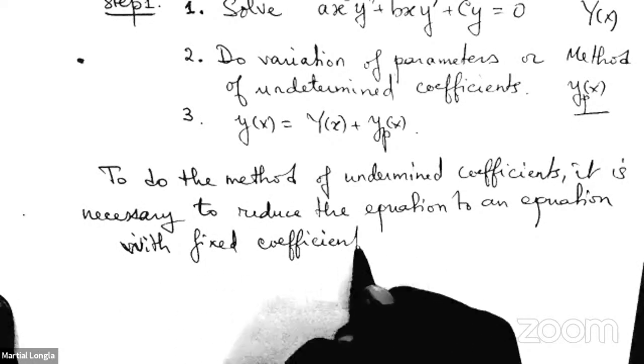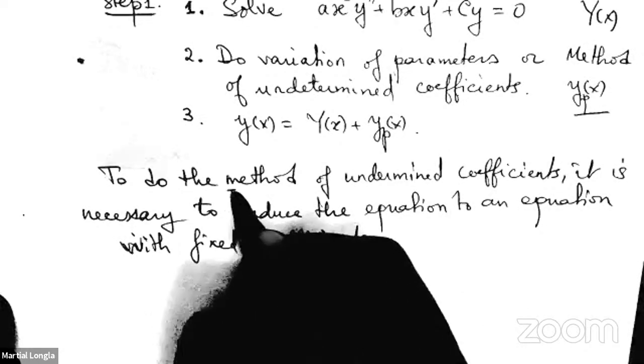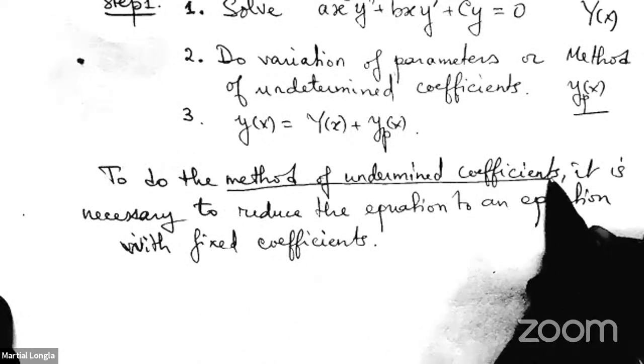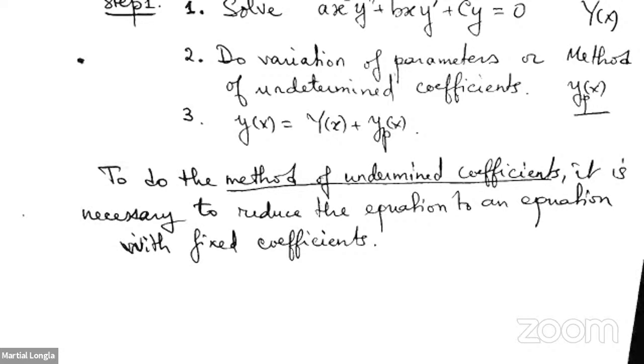So in this case, if we want to use the method of undetermined coefficients, then we need to reduce this equation to an equation with fixed coefficients.